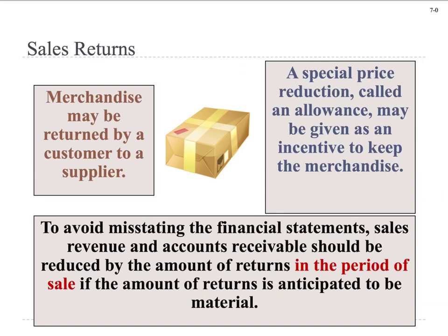Now we have sales returns to consider with accounts receivable. So with accounts receivable, you have to remember people return things. So you have to consider a customer may be returning a portion of the sale that was made.